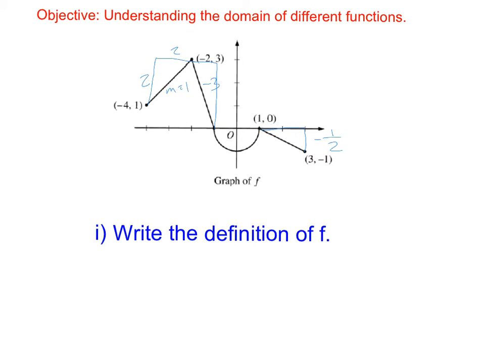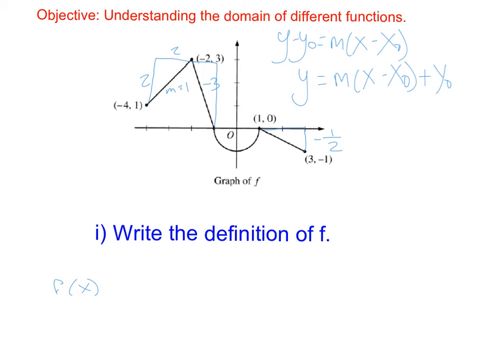Now the formula I use, the equation of a line in point-slope form, is this. Since we're writing a piecewise function, how I write it is m times x minus x0 plus y0.